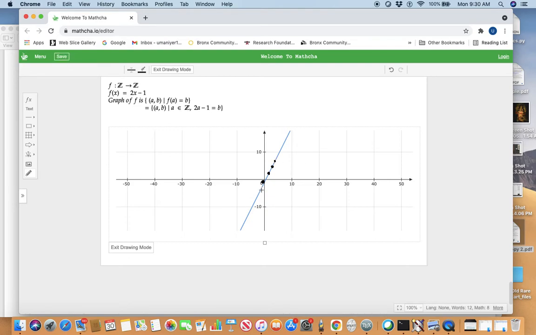Something like this. So all you're going to get are separated points. They are called discrete points. So you don't get the entire line, but you only get points where a is an integer and therefore b is an integer. All right.